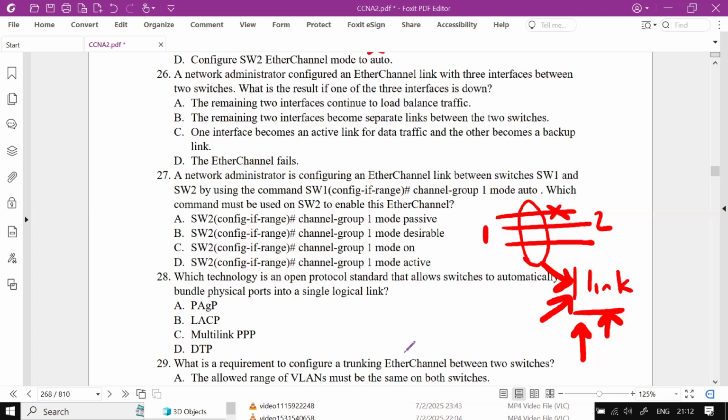If one fails, the other ones continue to work. I think that's load balancing by definition. So I think the answer is A: they continue to load balance traffic. That is definitely what defines load balancing. You will see load balancing not only here, it appears in many areas in networking.